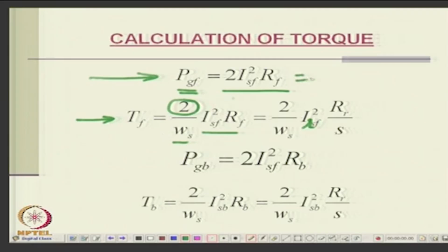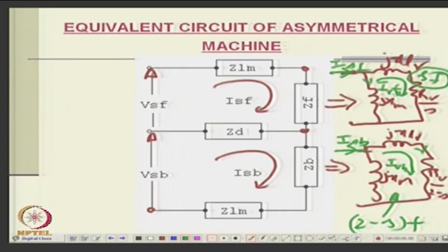Because this is equal to twice IRF square RR by S, because whatever is the power here will be the same as ISF square RF, is not it. The power fed here is ISF square into the real part of ZF, that is also equal to IRF square RR by S, is not it.